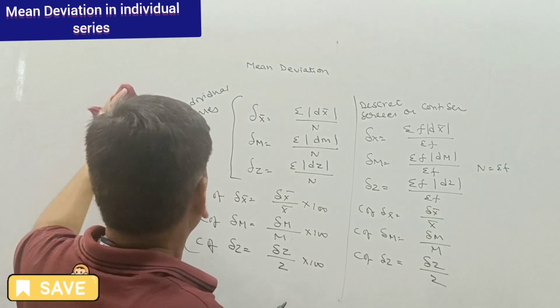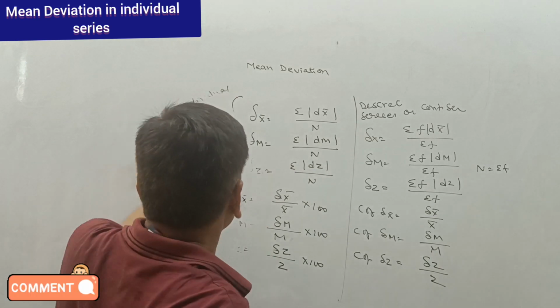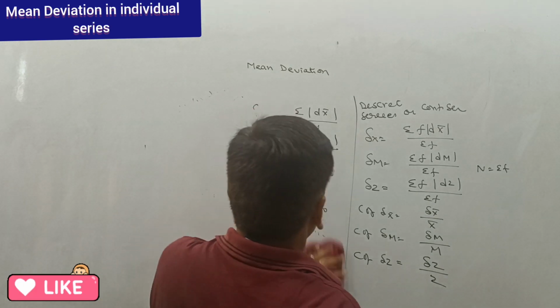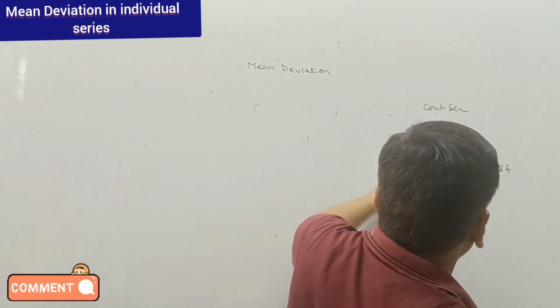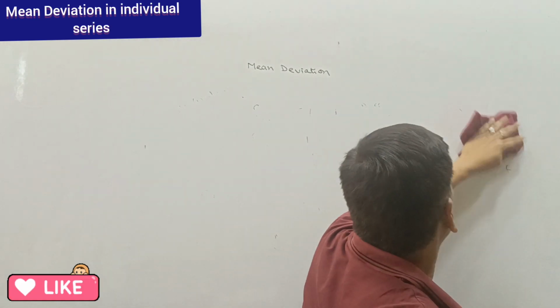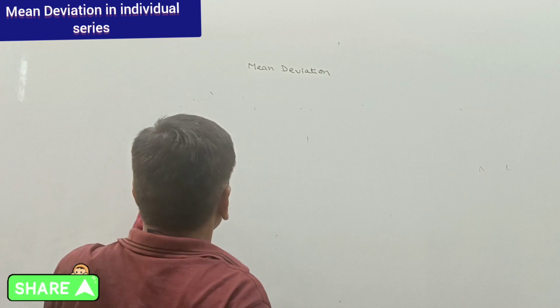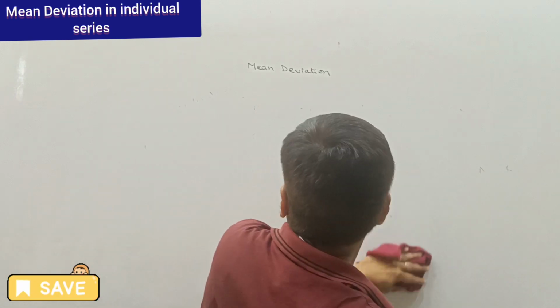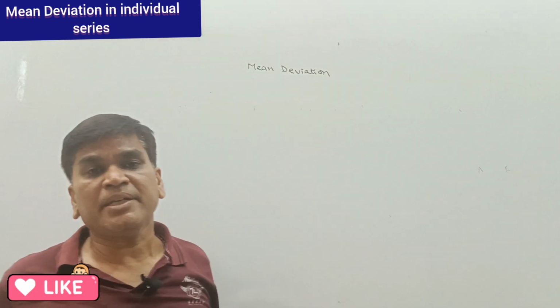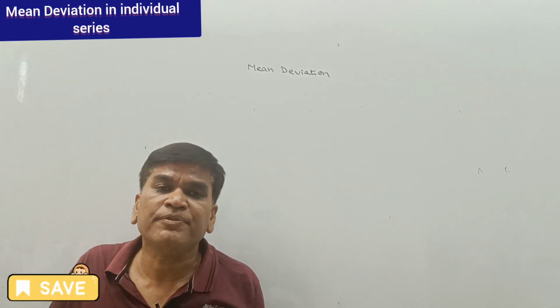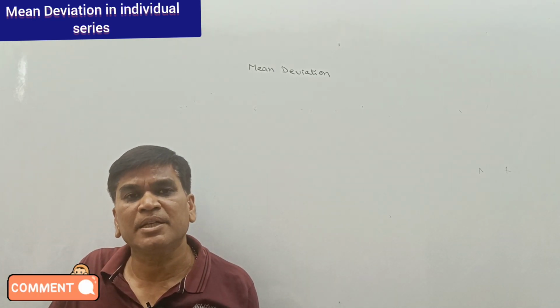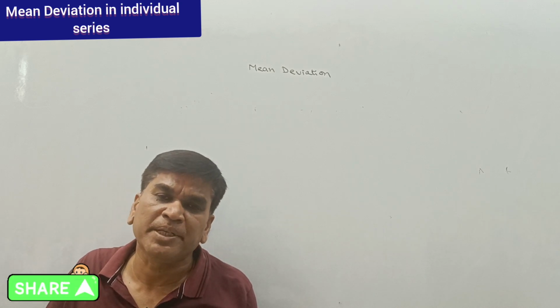Okay. So, first, if someone asks you what is the definition of mean deviation, you have to give the definition: mean deviation is the arithmetic mean of deviations taken from either the arithmetic mean, the mode, or the median value.